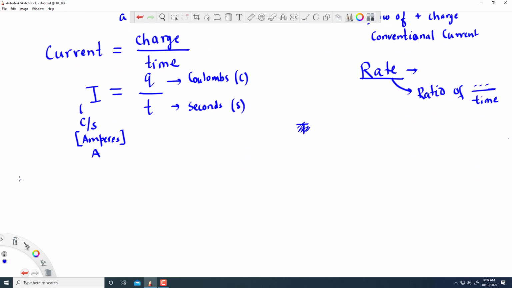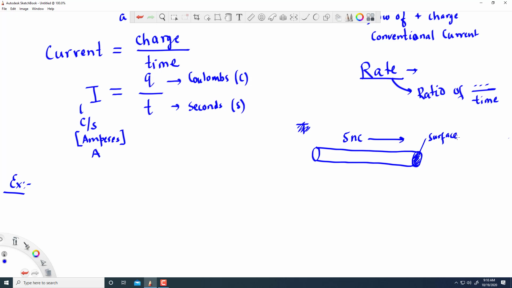So let's see an example. Consider a conductor and a charge of, let's say, 5 nanocoulomb flows through some surface of this conductor. So let's consider this surface and assume that there is a meter at that surface.